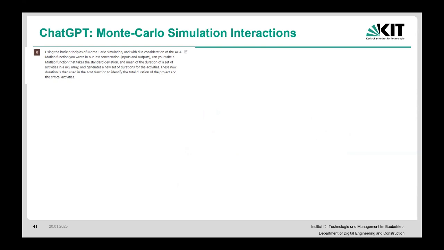I also tried to play with it a bit. I wanted to see, does it really understand if I go formal, if I do this, do that, would that change the situation? Surprisingly, it was still pretty accurate. And with due consideration of the AOA MATLAB function that you wrote there, if you revise it, you can actually provide it to it as well.